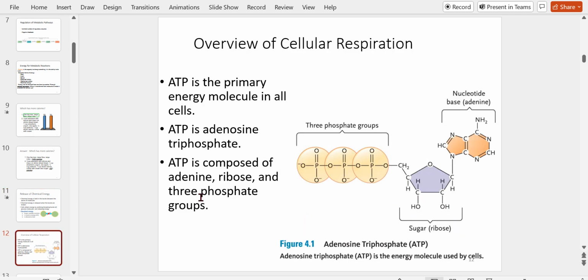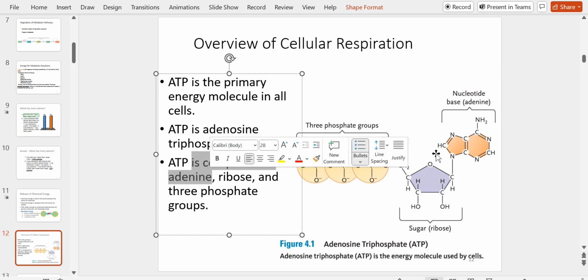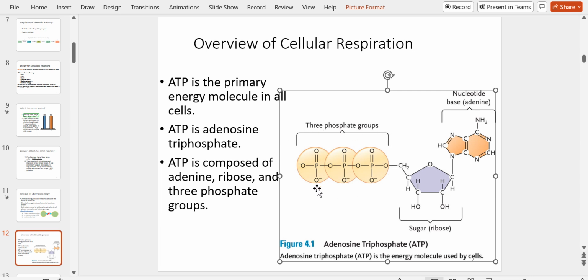Okay? So, overview of cellular respiration. Here we have a beautiful ATP molecule, adenosine triphosphate, which is the primary energy molecule of all of our cells. ATP is composed of adenine, there's your nucleotide base, ribose, there's your sugar, and then phosphate. There are 3 phosphate groups, and there's the energy right in here.